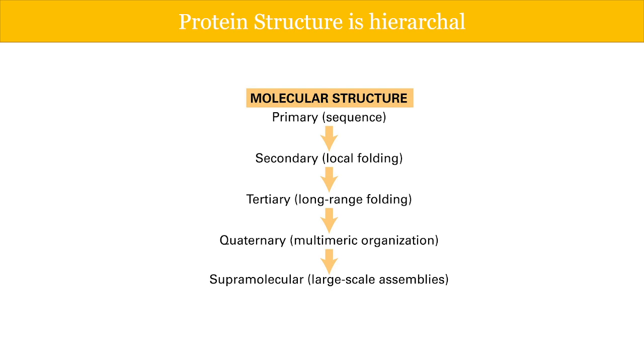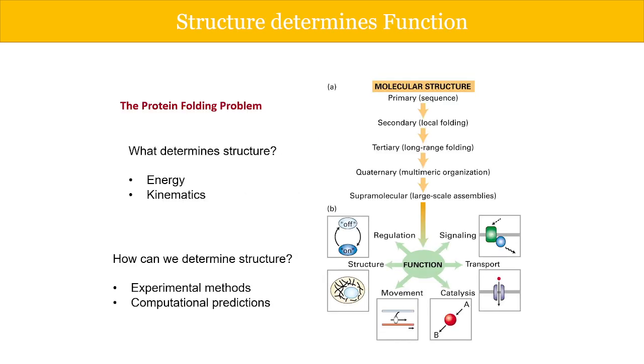This entire group of structures falls under the category of quaternary structures, and on a large scale we can also group these quaternary structures to form supramolecular protein structures. So starting from the primary structure, we can move to the secondary, tertiary, and quaternary structures, and hence we can say that the protein structure is hierarchical. We have talked about this.